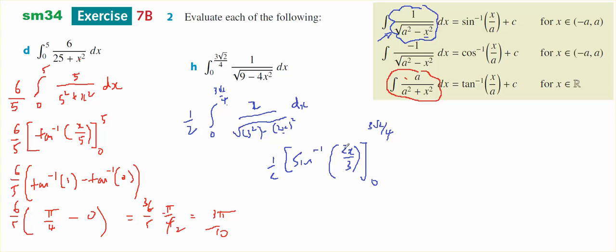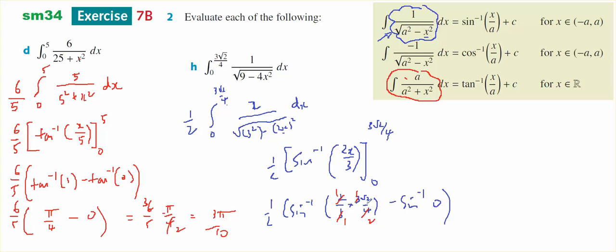The reason I got 2x, because in this position here, I've actually got 2x. What happened with that 2 is it was the derivative of 2x. So that's going to equal a half, the inverse sine of 2/3 times 3 root 2 on 4 minus the inverse sine of 0. 2 goes into that once, 2 goes into that twice, 3 goes into that once, 3 goes into that once.